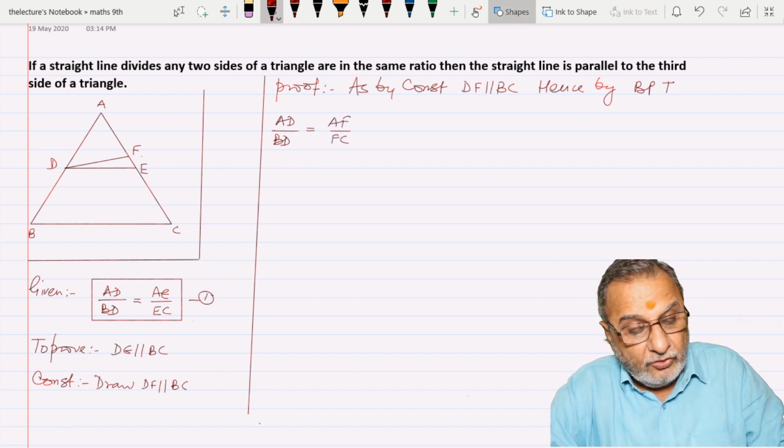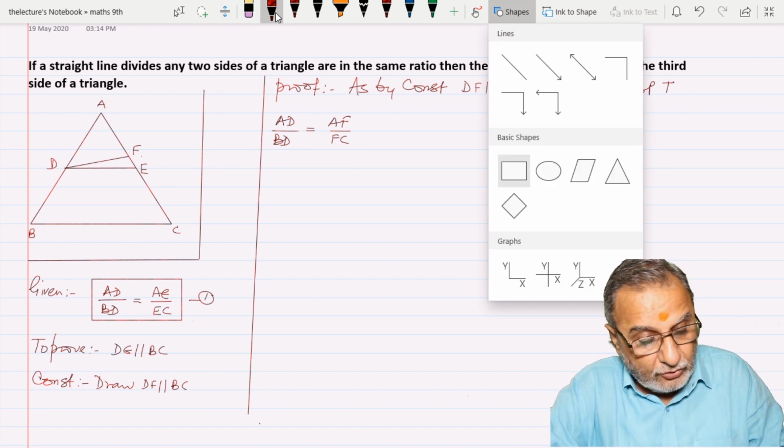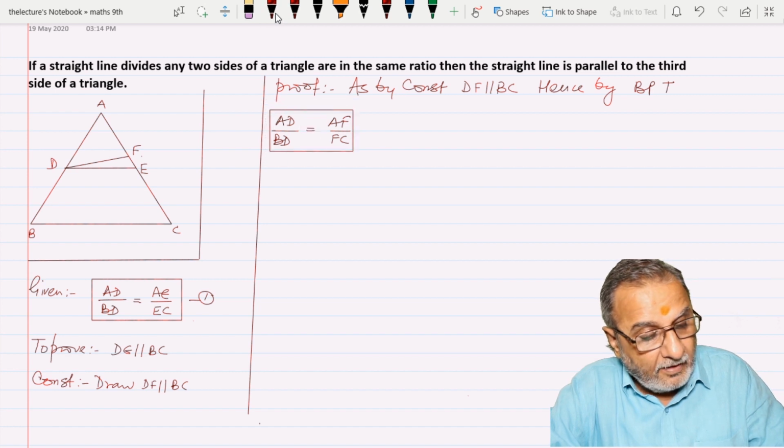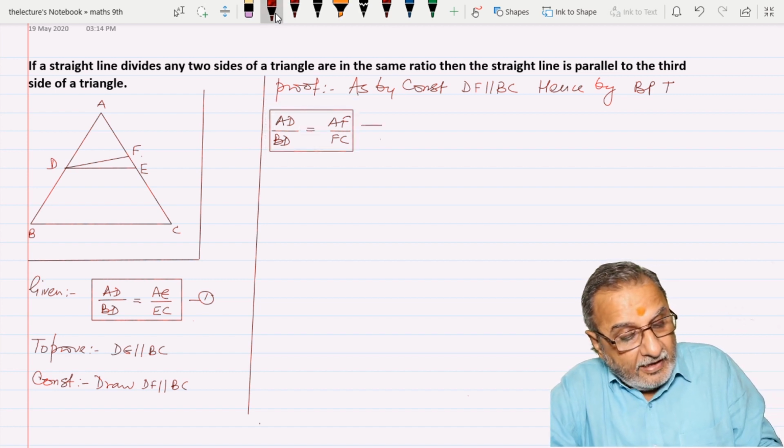So we have got a relation by using the basic proportionality theorem, and this is the relation which I have written here, and it is number 2.